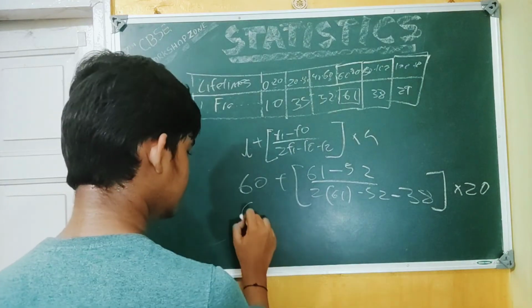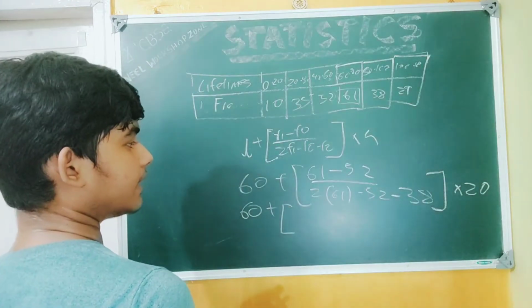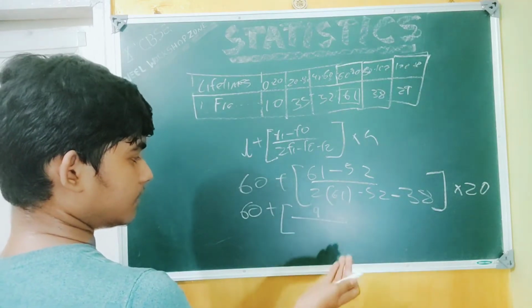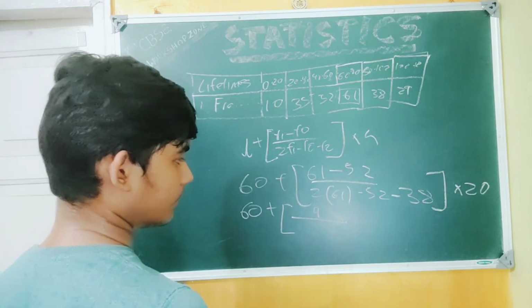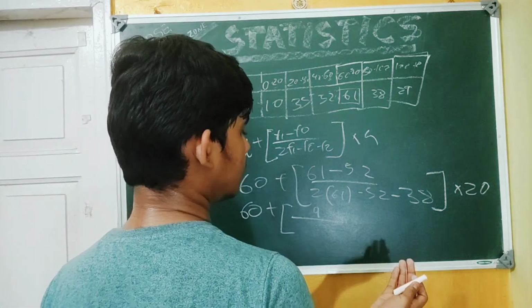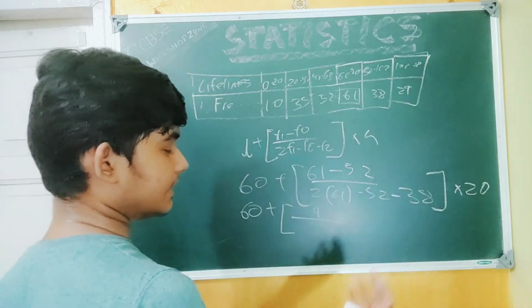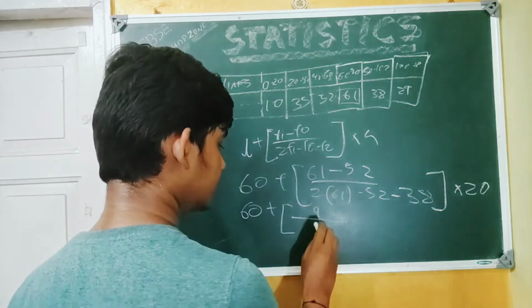Now let's do it. 60 plus 61 minus 52 gives 9. 9 divided by 2 into 61, which is 122, 122 minus 52 is 70, 70 minus 38 is 32.